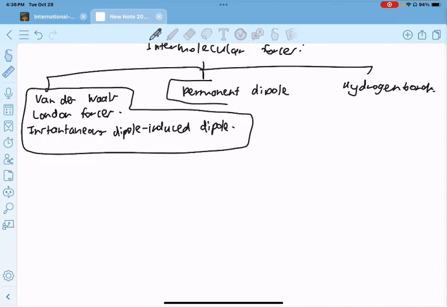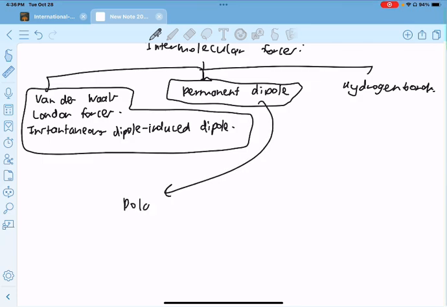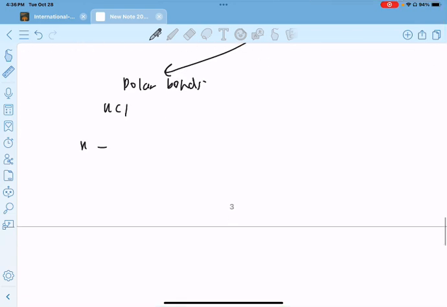Now let's talk about permanent dipole. A permanent dipole is a type of intermolecular force that acts between polar bonds, polar compounds. Let's look at HCl as an example. The H will be delta positive and the Cl will be delta negative. Essentially, another HCl comes here, and this is delta positive and this is delta negative.